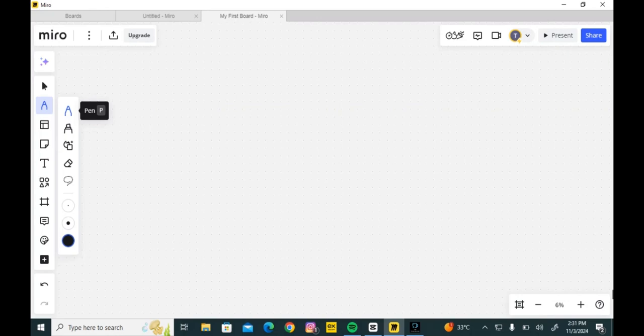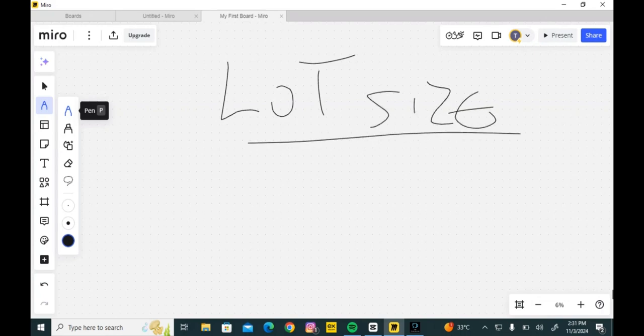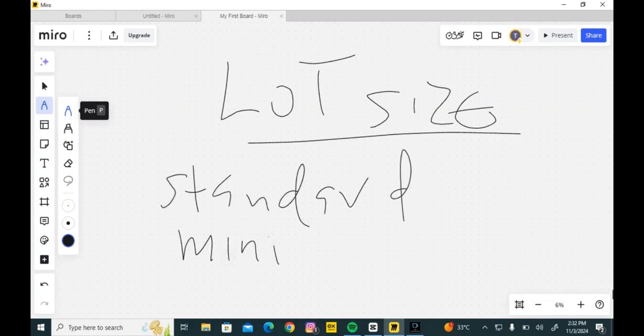Another terminology is the lot size. What's lot size? A lot is a standardized quantity of currency being traded. We have three types of lot size, which are the standard, mini, and micro.